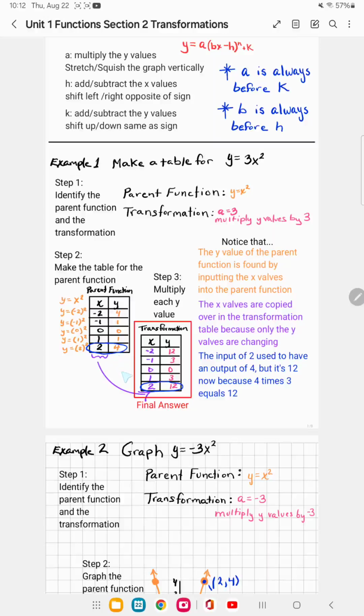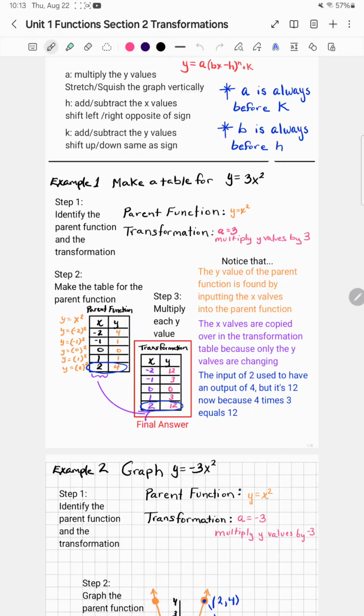So we took the 4, we multiplied it by 3, and that's how we got our 12. You can see that it works when you take 2 and put it into the given equation up here, y equals 3x squared. So if I take 2 squared times 3, that gives me my answer.